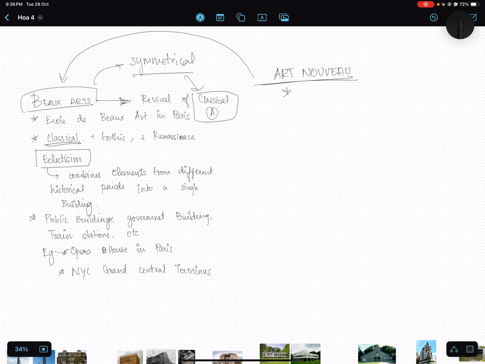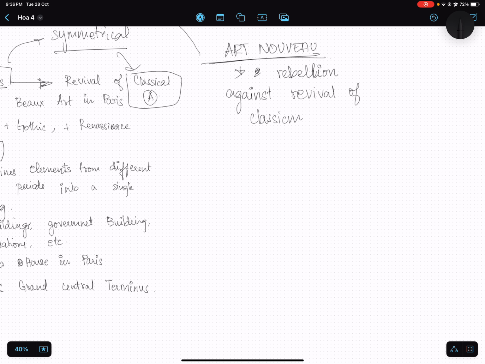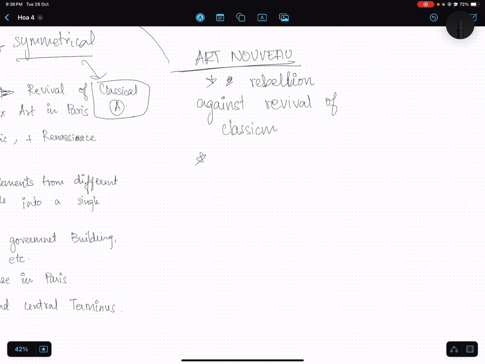So this developed as a rebellion against the revival of classicism. They believed that we need to have our own style, and they also wanted to use a lot of traditional handcrafted elements in the design, and not just strictly follow whatever was constructed in the classical period.